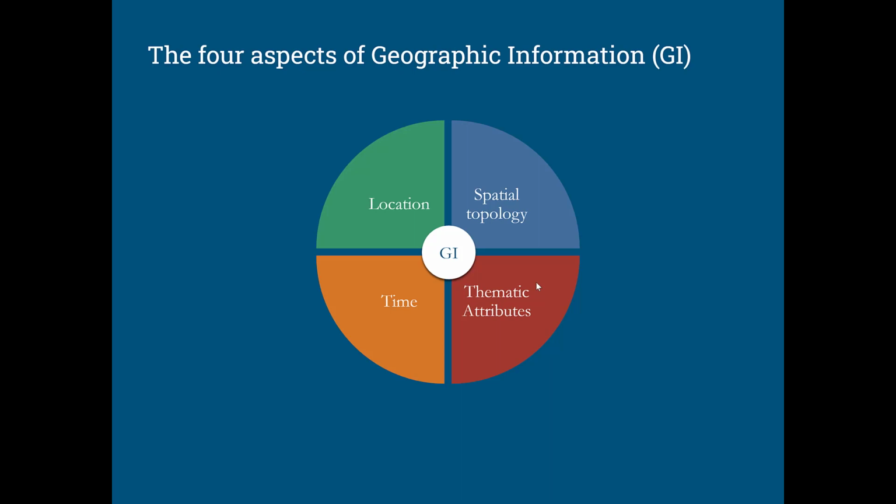That number is the thematic attribute of Texas in this case. Okay, so geographic information must have those two components, location plus thematic attributes.